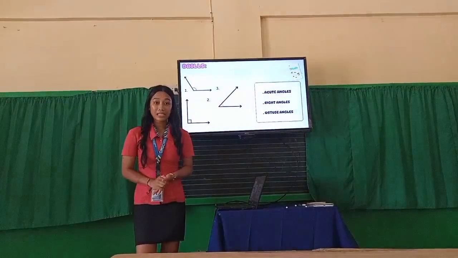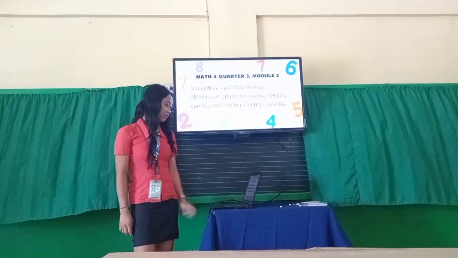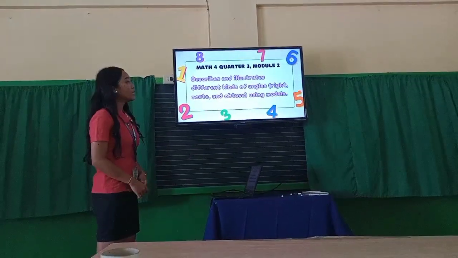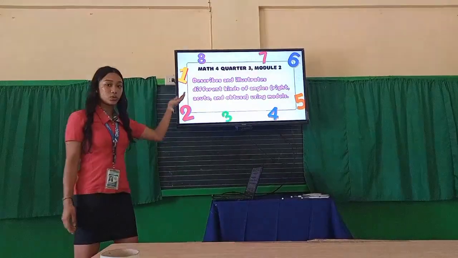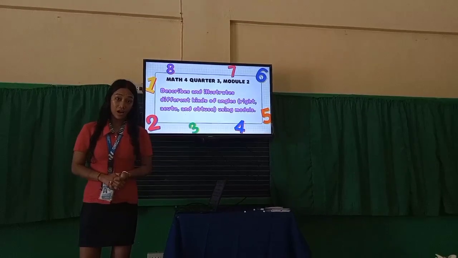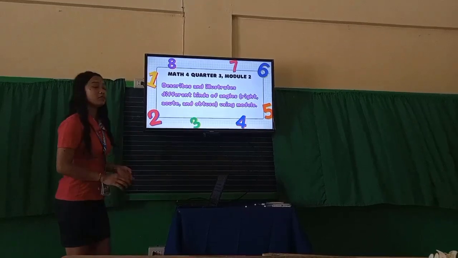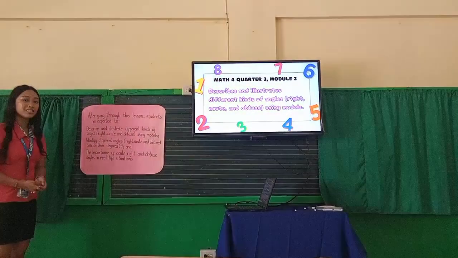So what do you think is our lesson for today? It is all about describing and illustrating different kinds of angles: right, acute and obtuse, using models. Now, before we start our discussion, let us read first our learning objectives. Everybody reads.